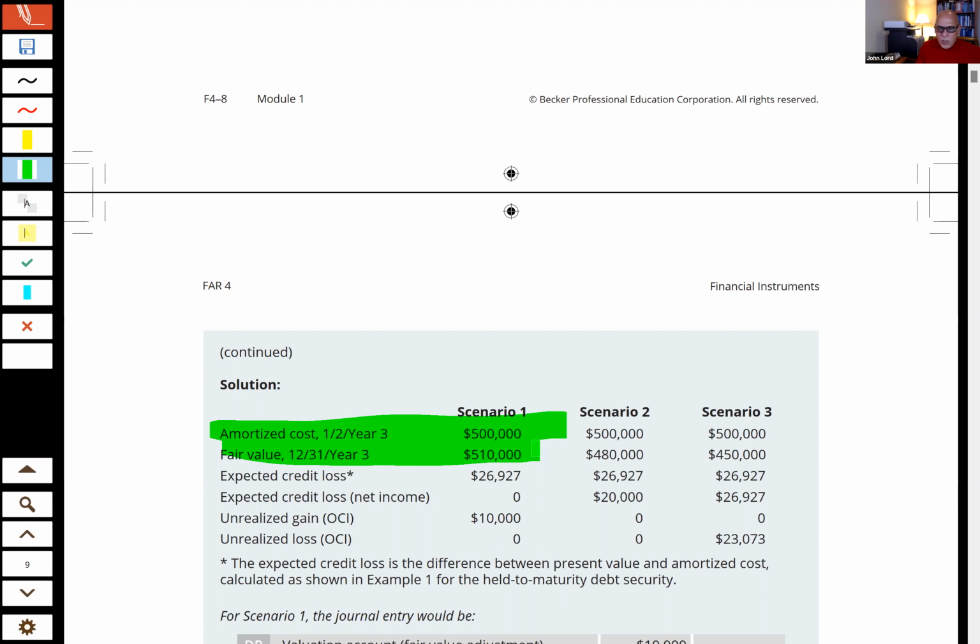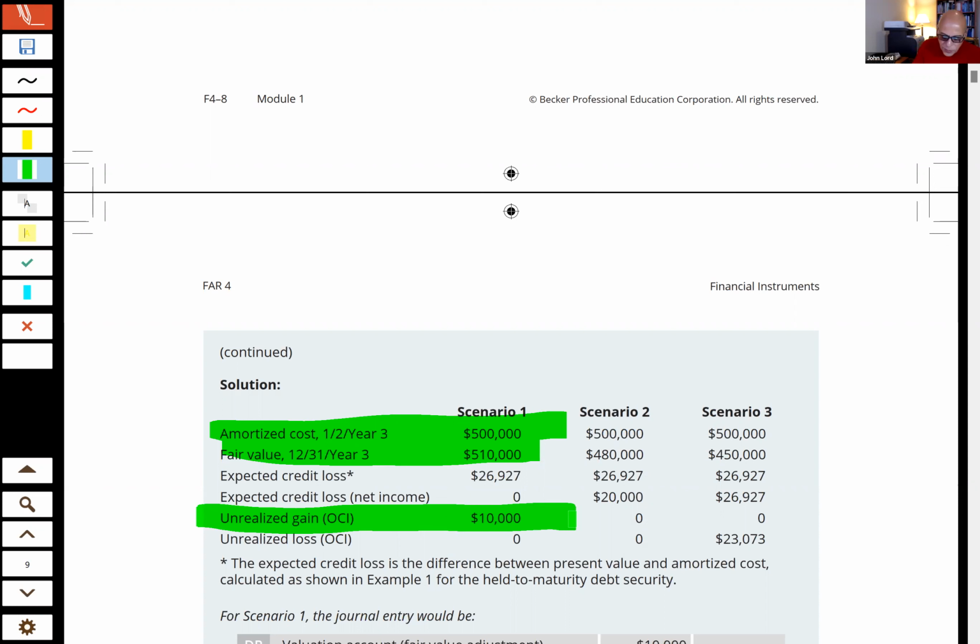I don't get it. I mean, why would somebody be willing to pay more than the amortized cost of a security that is not going to give you present value at a higher amount? So anyway, if you saw a problem like that, since it's available for sale and they could sell it for 510 presumably, then they really have an unrealized gain.